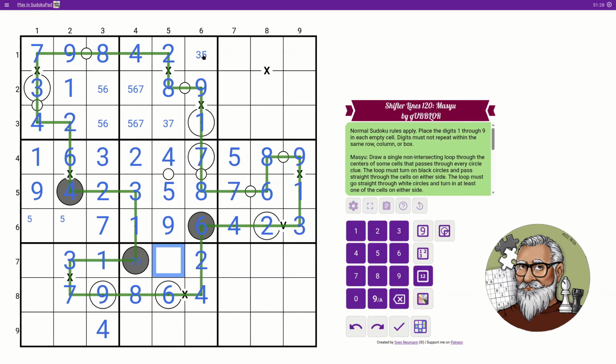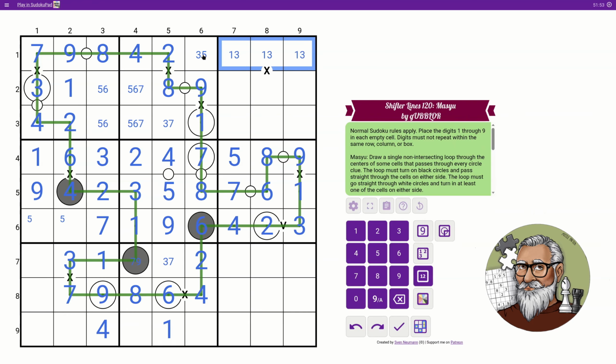So what am I missing here? I'm missing 3, 7, and a 1. Right? Yeah, this has to be 1 in column number 5. This has to be 1. Okay. Right.